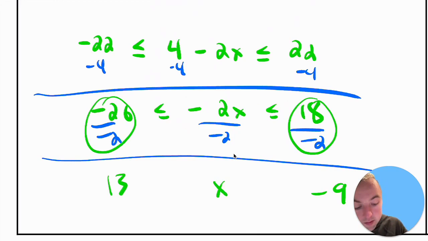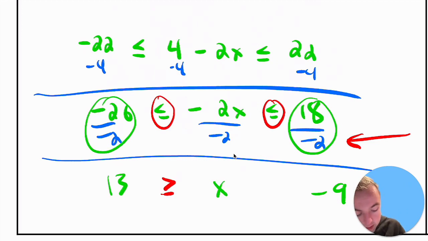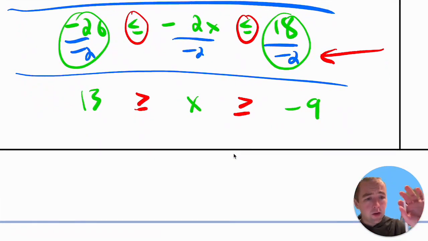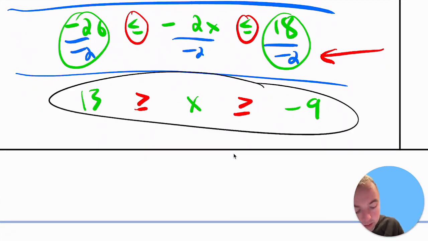Now, because in this step right here we divided by a negative, these symbols are going to flip directions. They're actually going to now both point that way, but we always want to make sure that we write the smallest number at the left. So I want to flip this inequality around, so the negative 9 is at the left side, and the bigger number, 13, is at the right side.